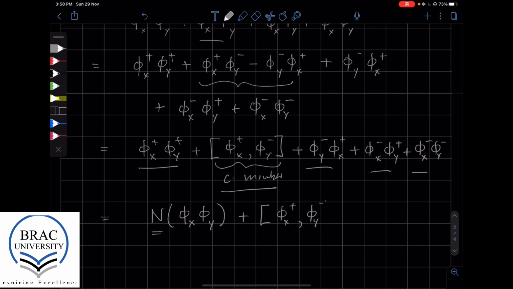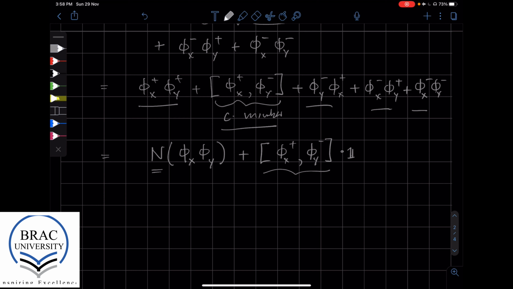It's not an operator. Of course, we can always put the identity operator here. And because there's neither a creation operator nor an annihilation operator, we can just extend the normal ordering to include that term as well.